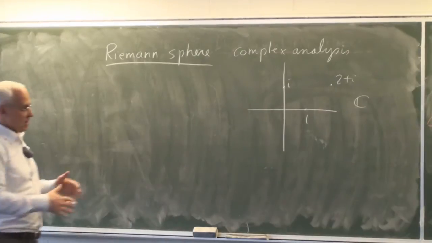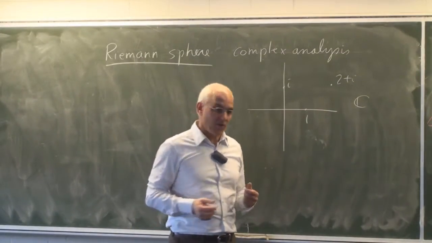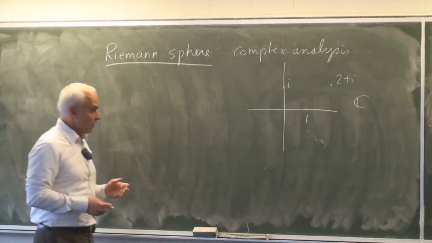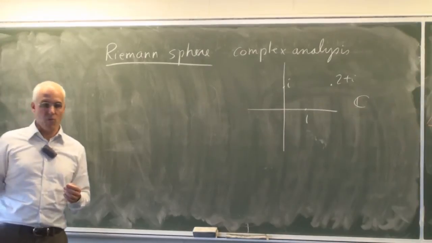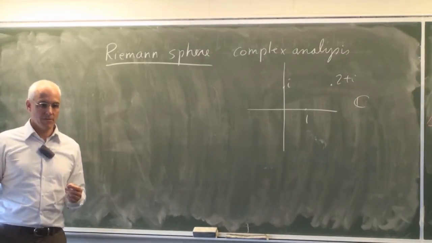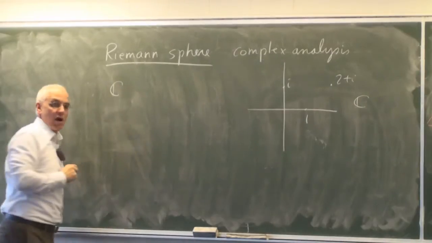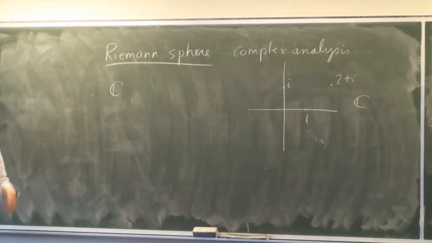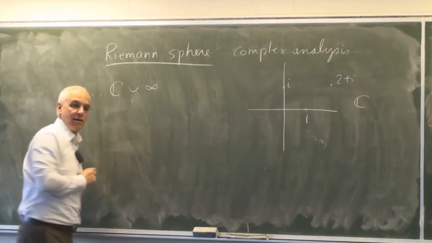Well, this is just the ordinary plane, but Riemann realized that for many purposes it was better to think of the complex plane as being augmented by an additional point. So Riemann's idea was, let's take the complex numbers, in the sense of the usual plane, and add a point at infinity.